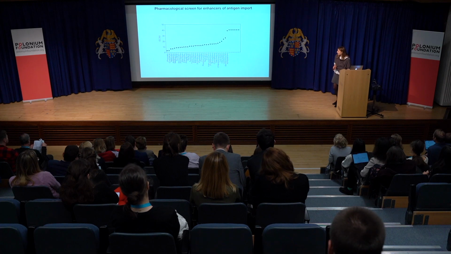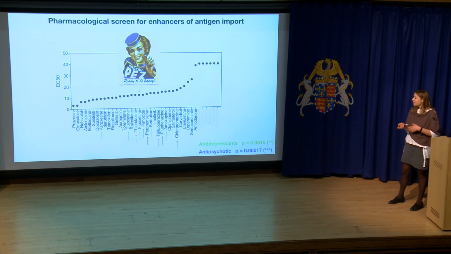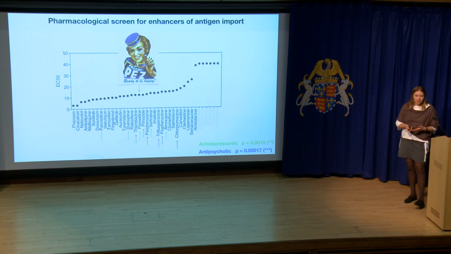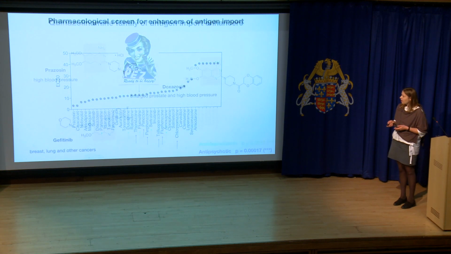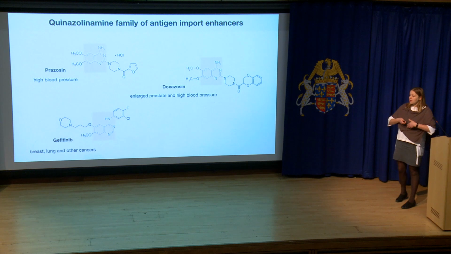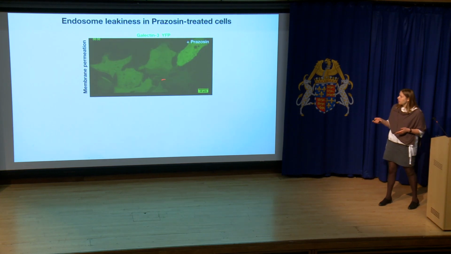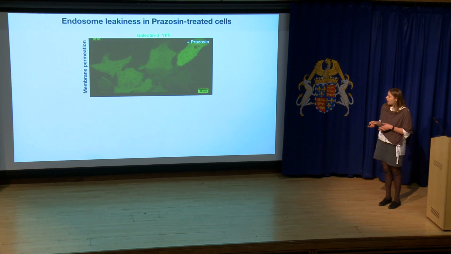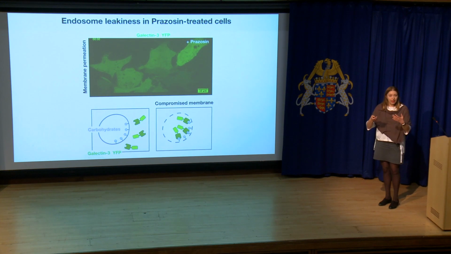What was quite surprising is that among the drugs we found things like Prozac and a lot of other antidepressants and antipsychotic drugs, which are generally known to have a lot of off-target effects. We focused on compounds from the quinazolinamine family because they were our most potent enhancers of import. Here we have dendritic cells in green, and this green protein that they're expressing marks compartments that became damaged.